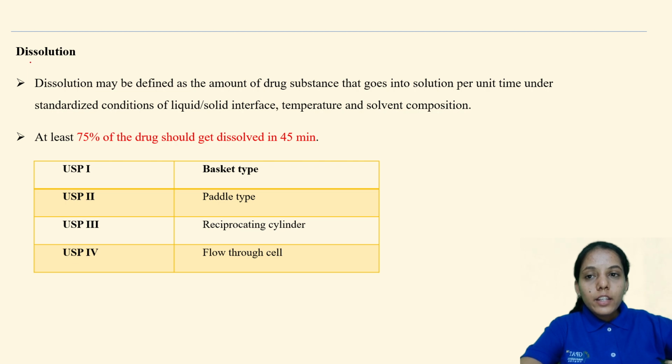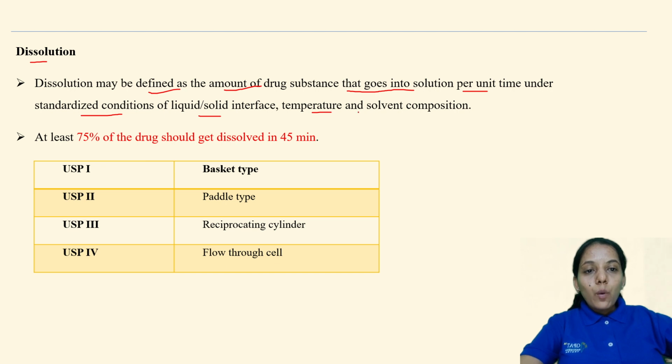Dissolution may be defined as follows: after disintegration, the drug particles have to be dissolved in the gastrointestinal fluid. It is the amount of drug substance that goes into solution per unit time, under standardized conditions of liquid solid interface, temperature, and solvent composition.